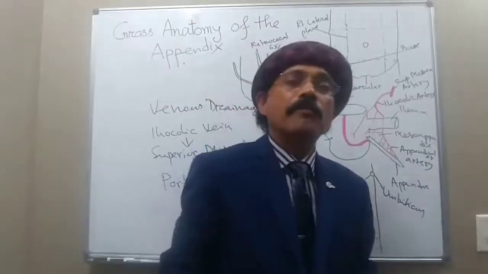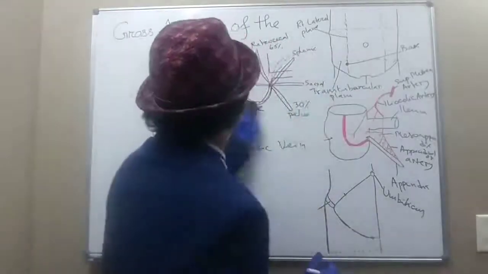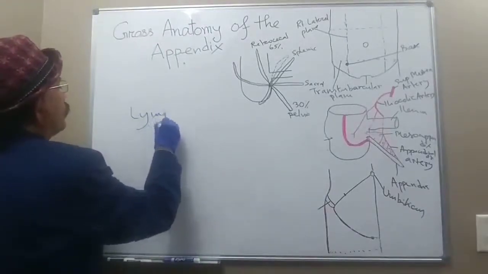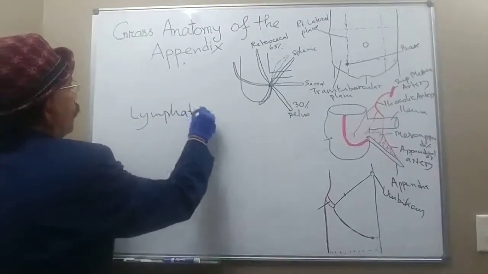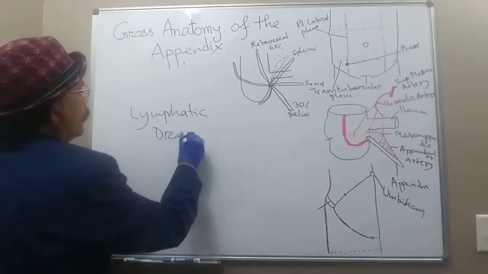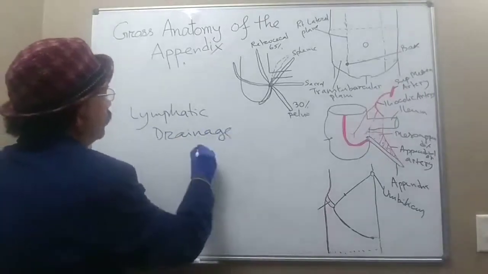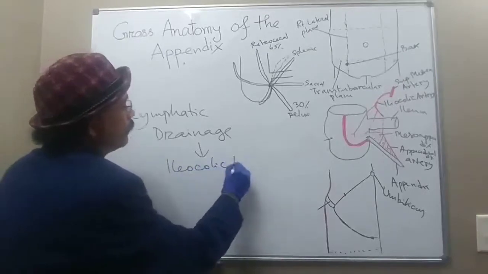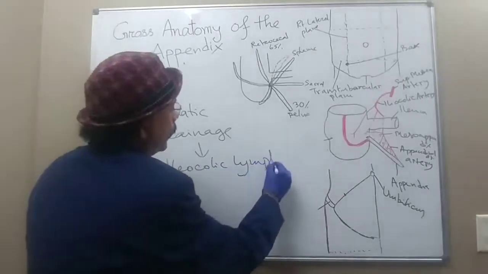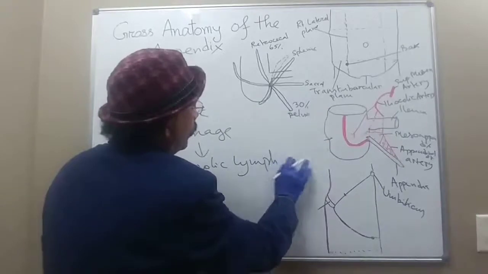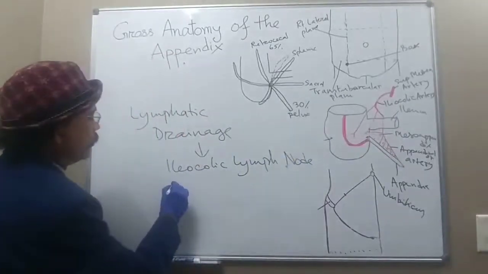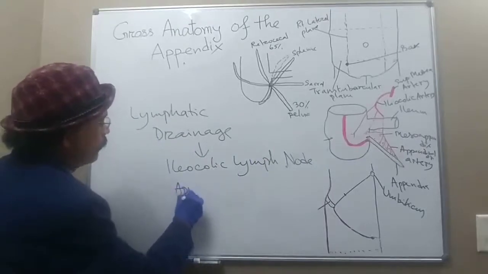Then we'll go to the lymphatic drainage. The lymphatic drainage of the appendix will go to the ileocolic lymph nodes, and some of them may go to the appendicular lymph nodes.